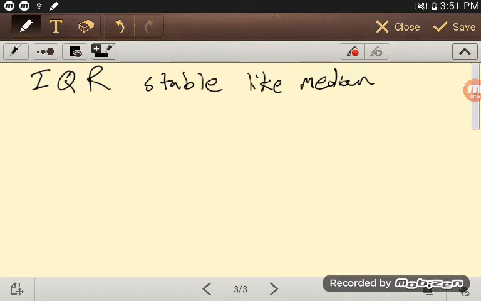We saw that with our example of hourly wages, where the median was more stable. Well, the interquartile range, IQR, is also a more stable measurement than the variance. So sort of the same idea.